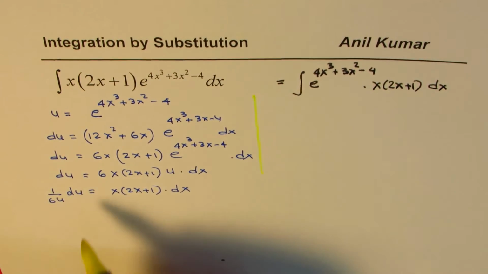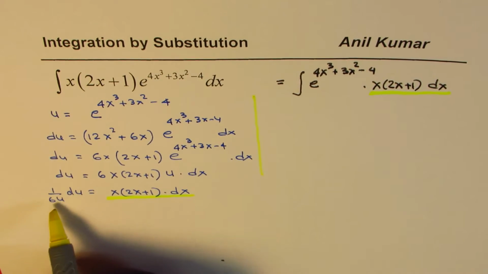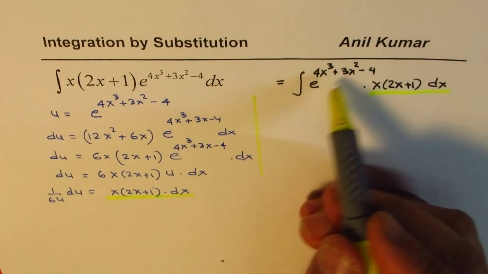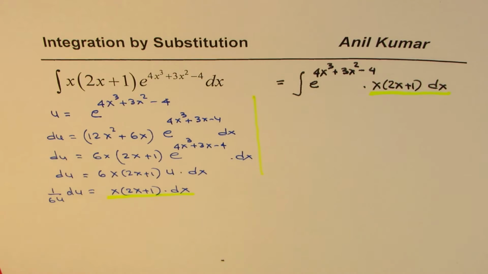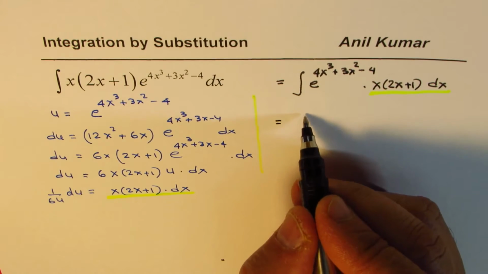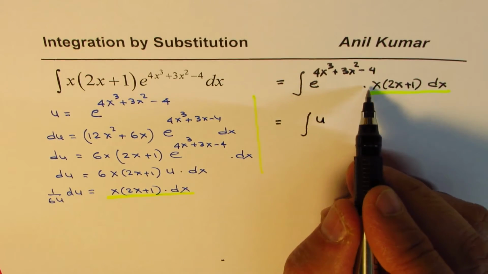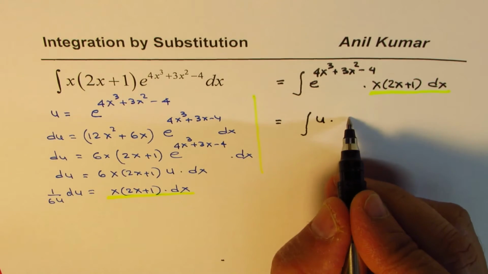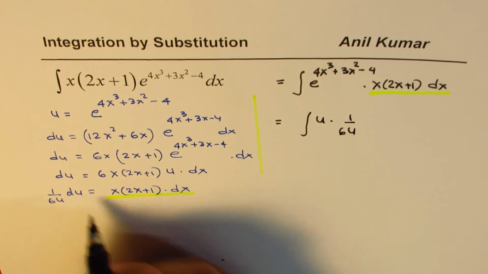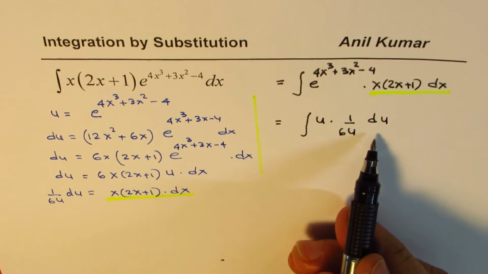So all this factor can be replaced by 1 over 6u du, and the first factor is actually u for us. So we could write this as the integral of u for this part, and for the rest of it 1 over 6u du. Do you see that? 1 over 6u du.